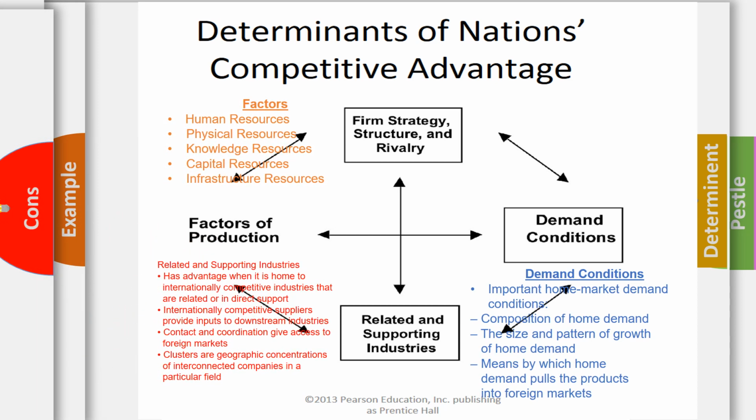Another determinant is related and supporting industries. A nation has an advantage when it is home to internationally competitive industries that are related or provide indirect support. The presence of internationally competitive suppliers can be helpful to the company using these suppliers. It gives them cost-effective access to imports, early access to new products, and encourages sharing of information.